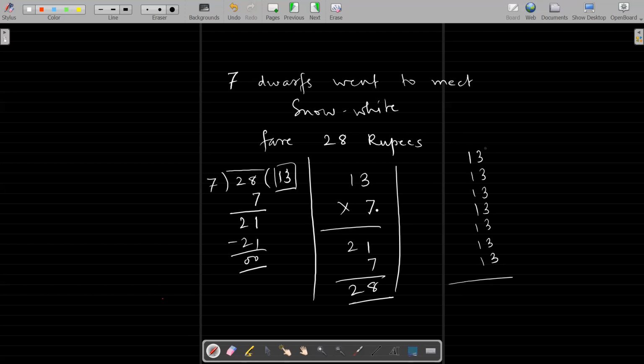And he added this way: 3 plus 3 is 6, plus 3 is 9, plus 3 is 12, plus 3 is 15, plus 3 is 18, plus 3 is 21, 22, 23, 24, 25, 26, 27, 28. So I said it's fine. So even this answer is 28, and therefore everyone's share should be 13.